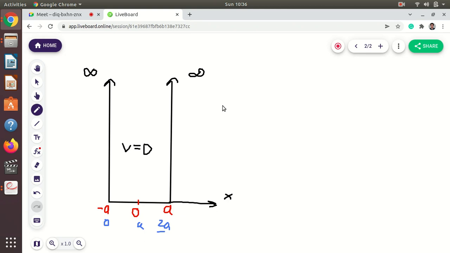We will consider whether it is dependent or independent, which depends on the potential energy. Inside, the potential is 0, outside it is infinity, and it does not change with time, right?